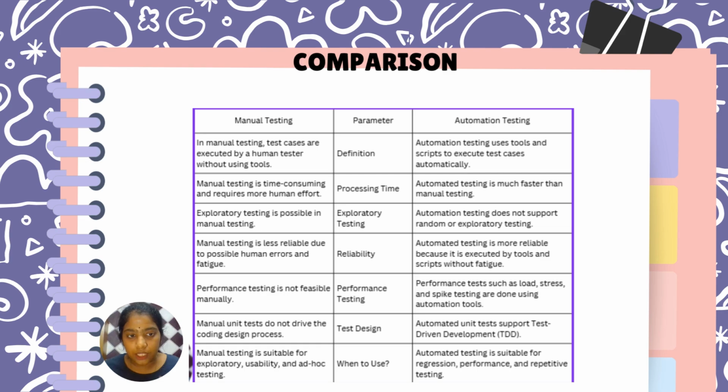Exploratory testing is possible in manual testing, while automation testing doesn't support any random or exploratory testing. For reliability, manual testing is less reliable due to possible human error and fatigue. Automated testing is more reliable because it is executed by tools and scripts without any fatigue.